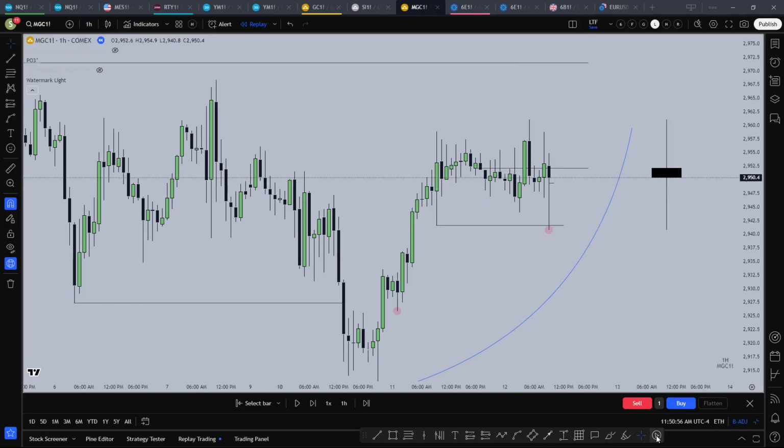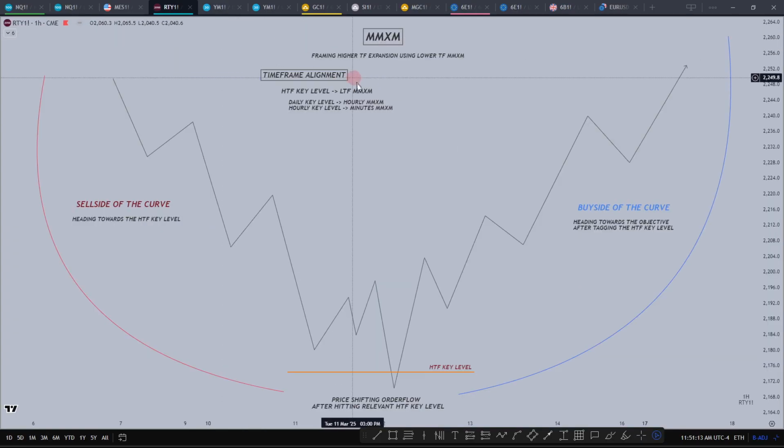So you would frame H1 MMXM, you would frame H1 expansion using low time frame MMXM. You have an expectation of price expanding towards the draw on the H1, right? So for an hourly key level, an hourly expectation of expansion, you would use minutes MMXM.